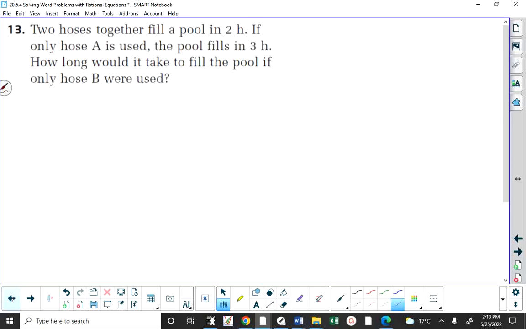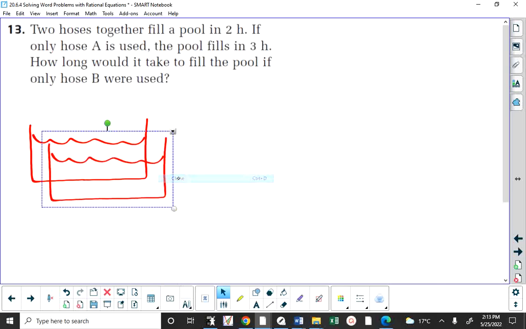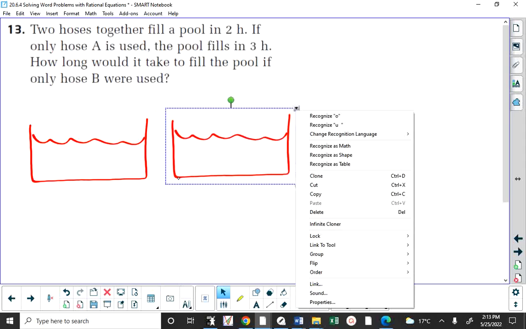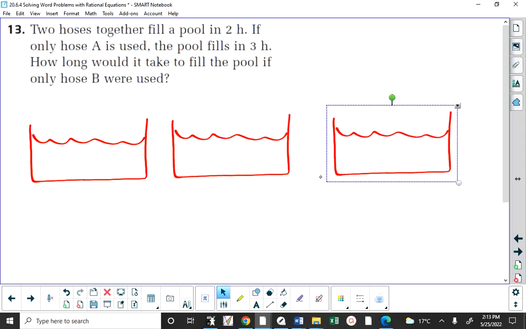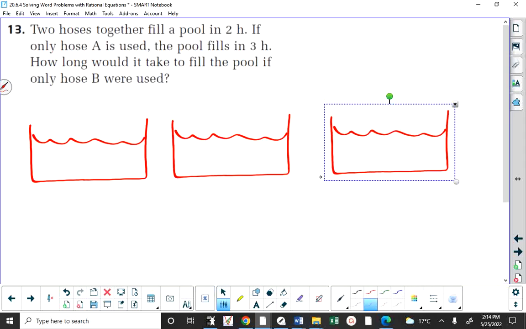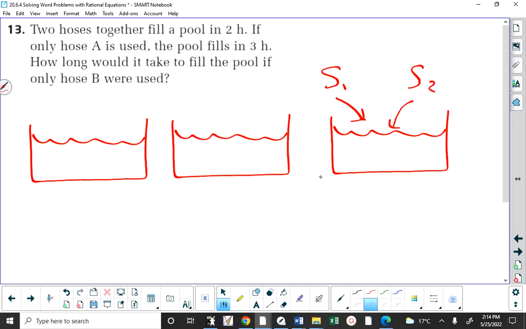So two water sources working together fill a pool in 2 hours. So here's the pool. And what we're saying is, if you have source 1 and source 2 adding water together, it takes 2 hours.